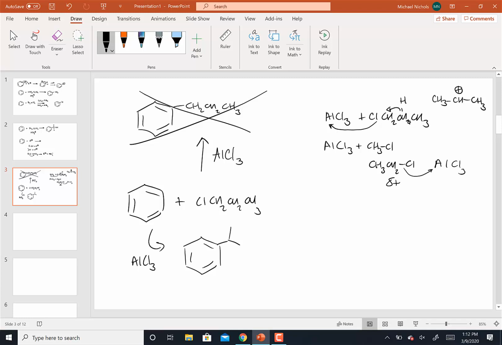So that means we can't make straight chained alkyl benzenes by Friedel-Crafts. There's going to be another way to do it, which we're going to go into now. But that's the one time I will not tell you when to shift. I'll expect you to know that, starting Wednesday on my quiz.